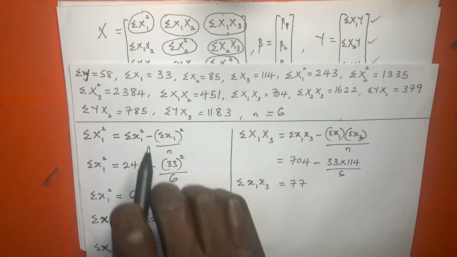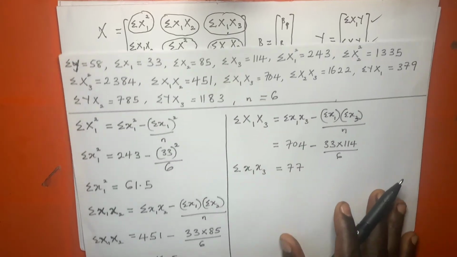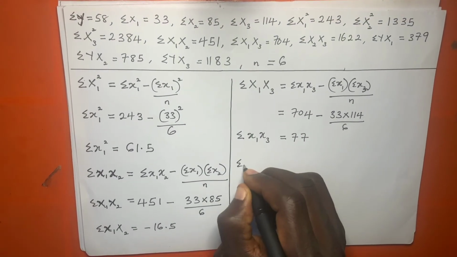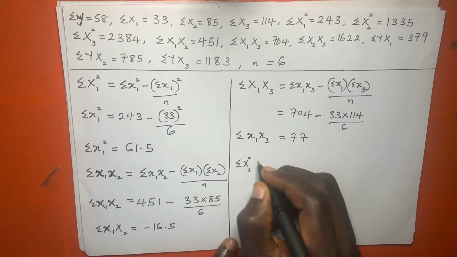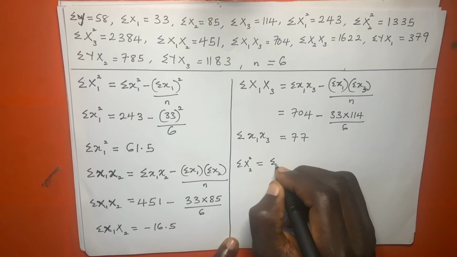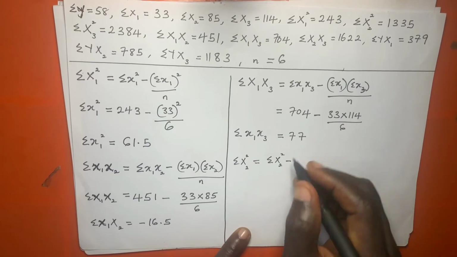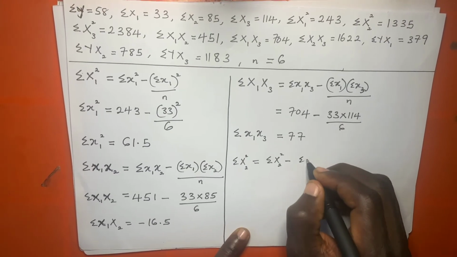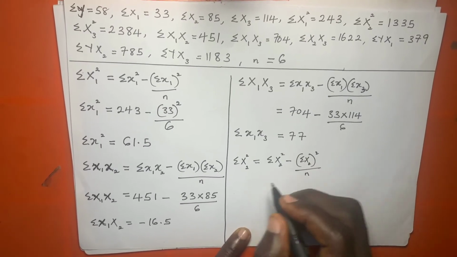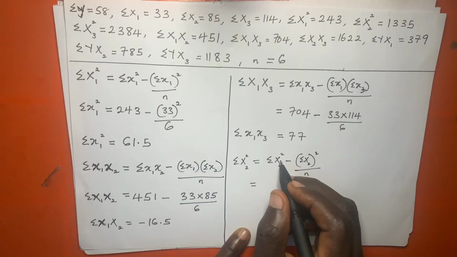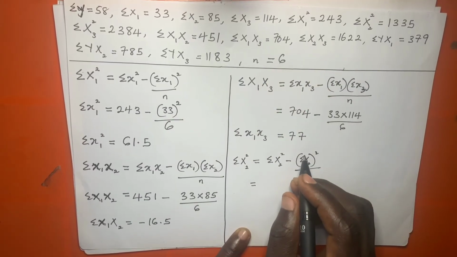We also need summation x2 square. Summation x2 square equals summation x2 square minus summation x2 all square divided by n. Summation x2 square from here is 1335.